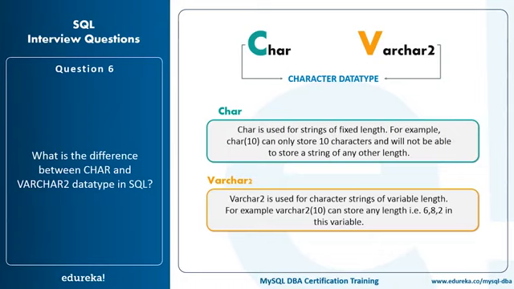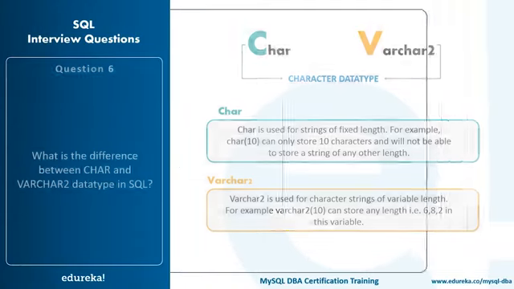So whenever you have strings of fixed length, then you use the char data type, and whenever you have strings of variable length, then you can use the varchar2 data type. For example, char 10 can only store 10 characters and will not be able to store a string of any other length, whereas varchar2 10 can store any length, that is either 6, 2, 8. It completely depends on the variable, right?